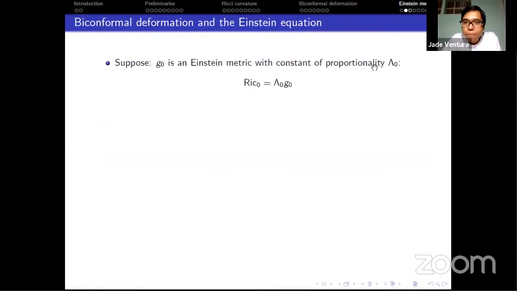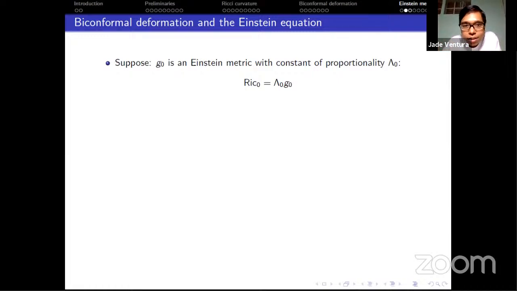So this is the program in this part. We start with a baseline metric, G naught, a baseline Einstein metric, so it satisfies the Einstein equation with 0 subscripts. So Ric naught equals lambda naught G naught.